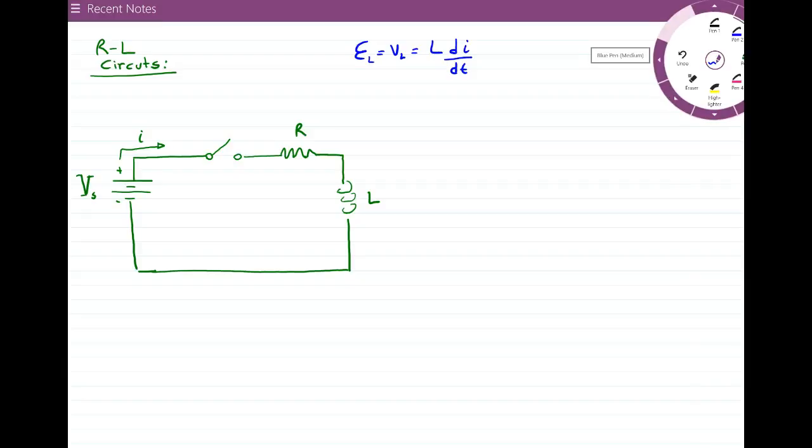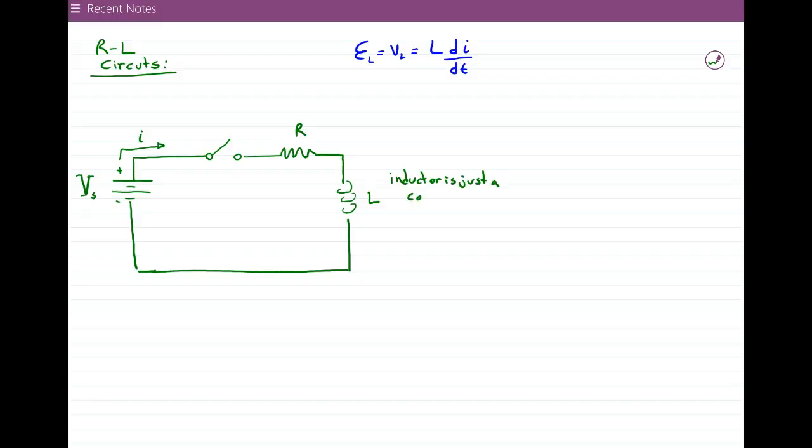Voltage is not dropped across just a wire. It carries a constant current. If the current is changing with time, then there will be a voltage drop across this inductor, and you can find it using this equation. Right after the switch is closed, current begins to surge through the circuit. That's when di dt is the biggest, and that's when the voltage drop across the inductor will be the biggest, because it's directly related to how fast that current is changing. Does that make sense?